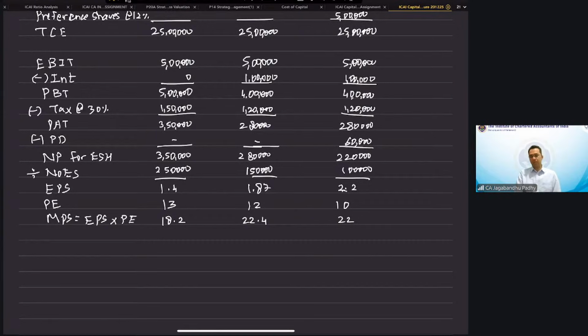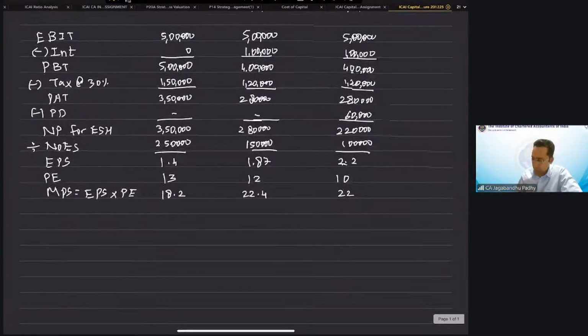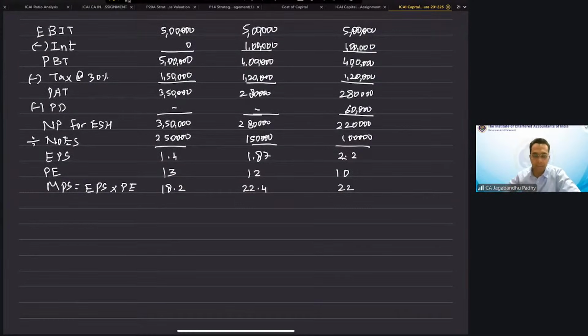Okay. So that's your MPS. MPS is 18.2, 22.4, and 22, guys, right? Now, based on this MPS criteria, we can definitely choose the second plan for raising funds for the business. Make sense, guys?